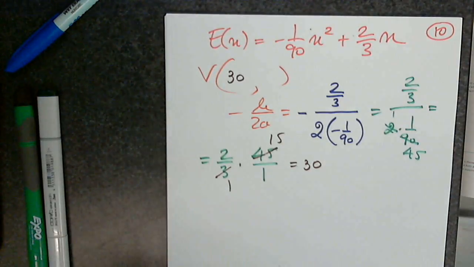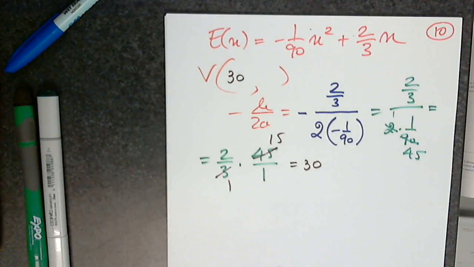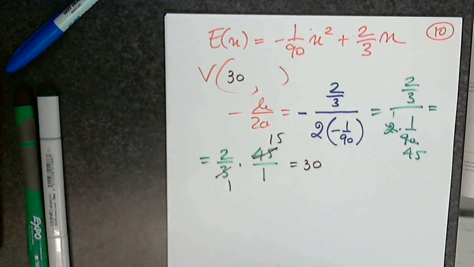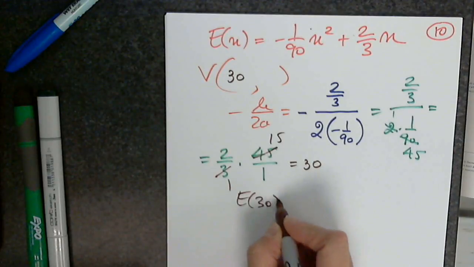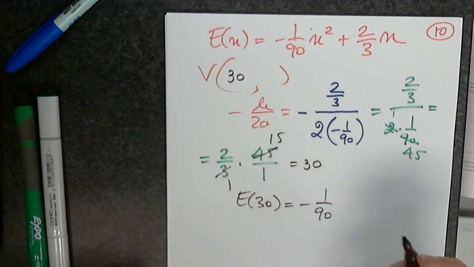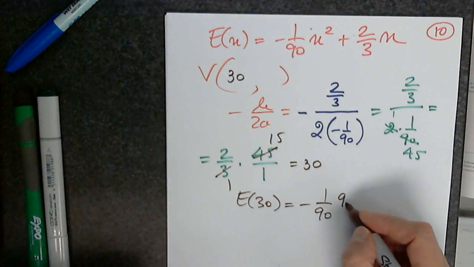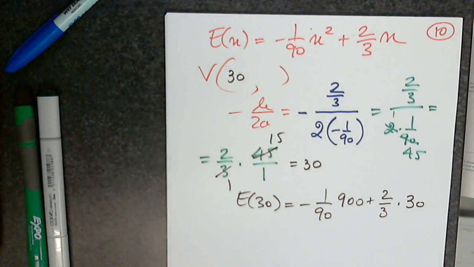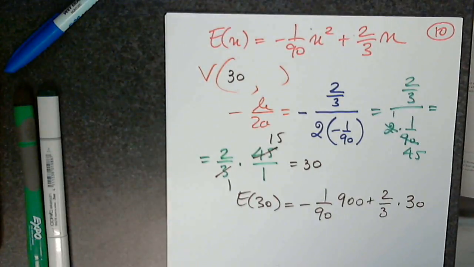Now, let's say the question is asking us also to find that maximum. What do I have to do to find the maximum, which is, one more time, the effectiveness. Exactly. So let's find E of 30. -1/90, 30 squared, 900 plus 2/3 times 30. Remember what the problem was saying? The number must be between 0 and 10.